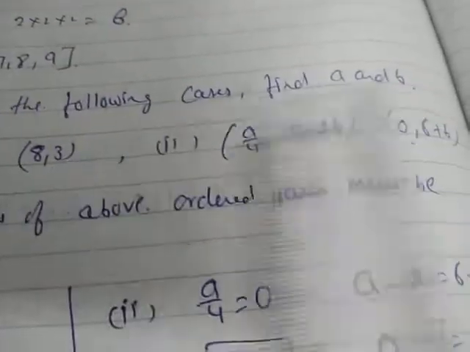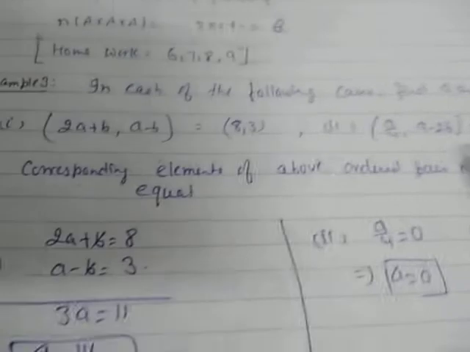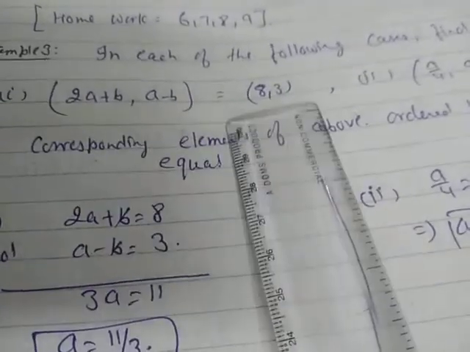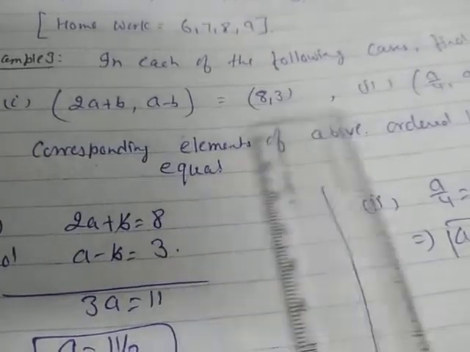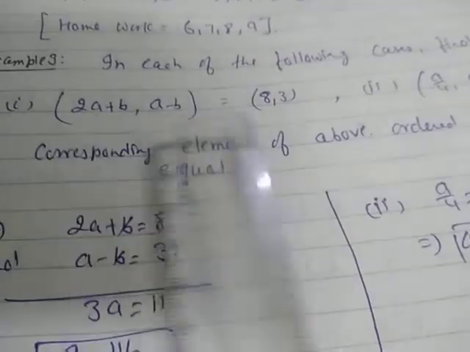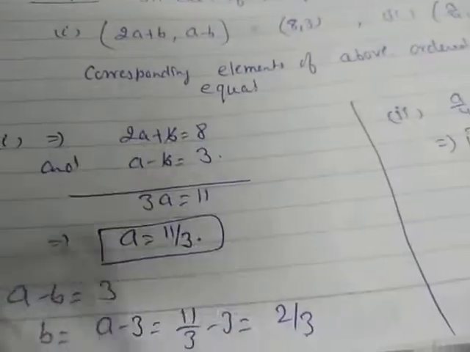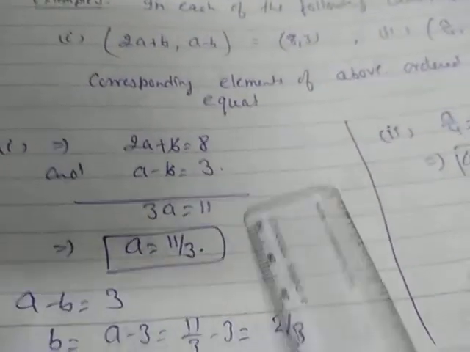Okay. And one extra question based on ordered pairs, children. In each of the following cases, find a and b. The first is (2a + b, a - b) = (8, 3). Definitely both ordered pairs are equal. Therefore 2a + b = 8 and a - b = 3. And you know how to solve these two equations.